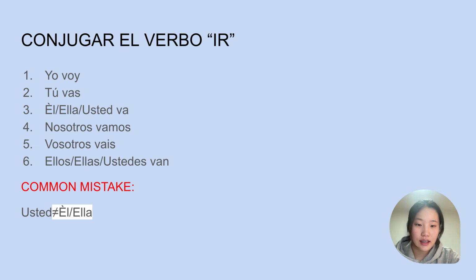By saying sentences or just little minor things every day in Spanish or other foreign languages, it can really help. So whenever I say a verb, you can say it too.